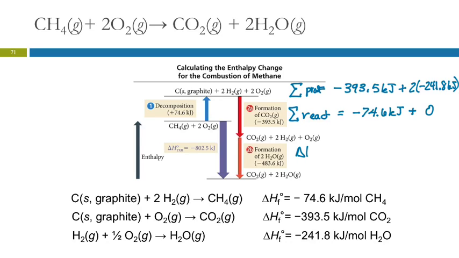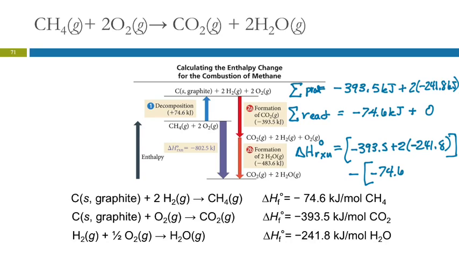So overall, the standard enthalpy or heat of reaction for this is going to be minus 393.5 plus 2 times negative 241.8. That's the products minus the reactants. So we need to be careful with our negative signs, because those can cause trouble.